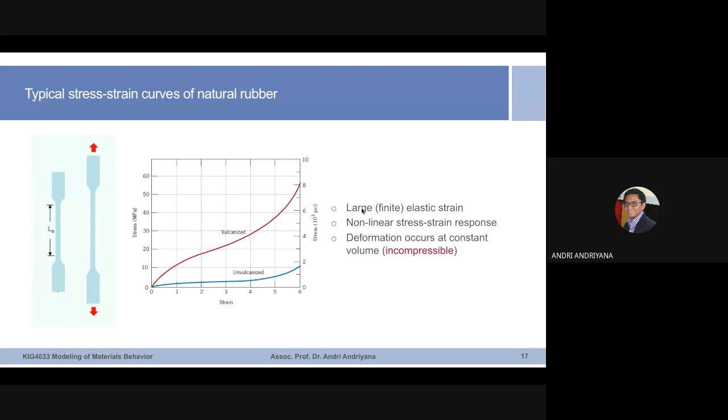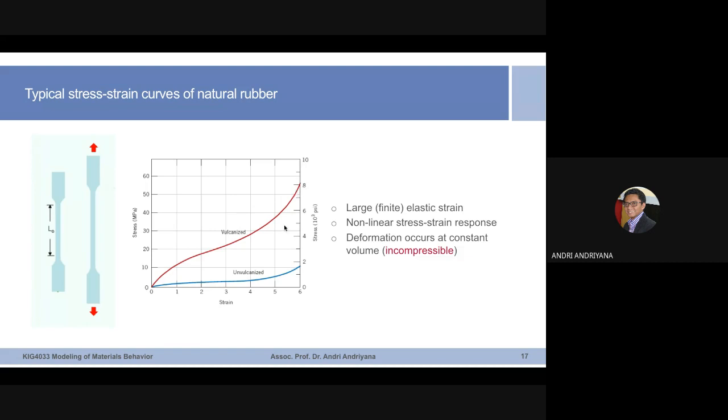The second thing is that, this is the elastic portion, and compared to what we have seen from metals, the elastic response for metals occurs at a very narrow region where the stress-strain relationship is linear. You have proportionality. You have a certain fixed slope corresponding to the elastic modulus.